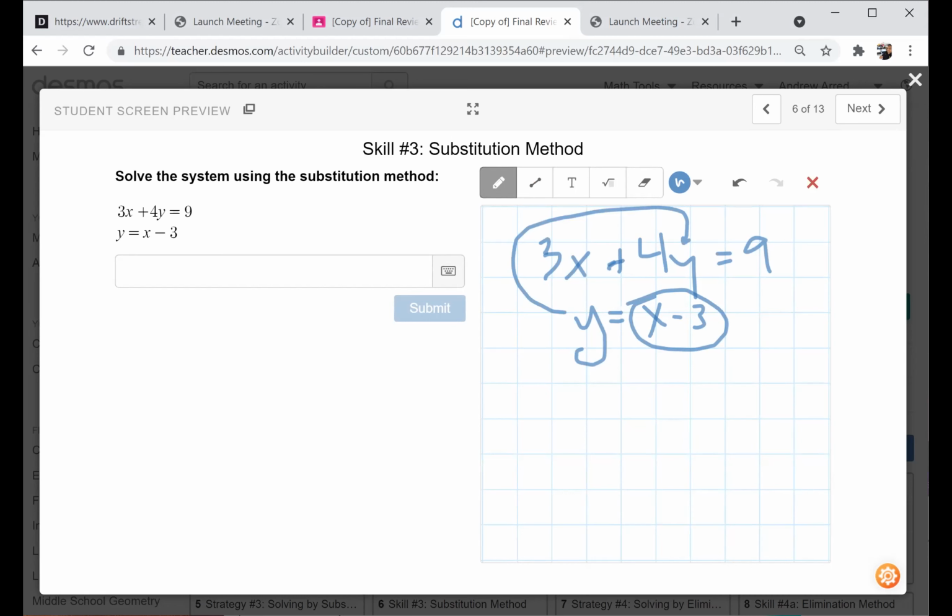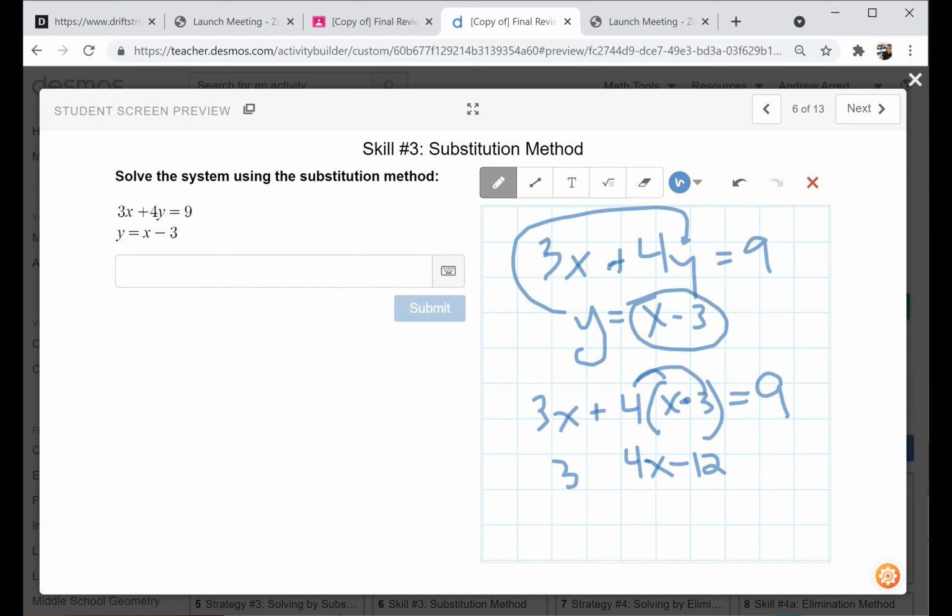Okay, here it is. 3x plus 4, open parentheses, x minus 3. See, you plop it in there. Close the parentheses and say equals 9. Don't forget about distributive property. 4x and minus 12.